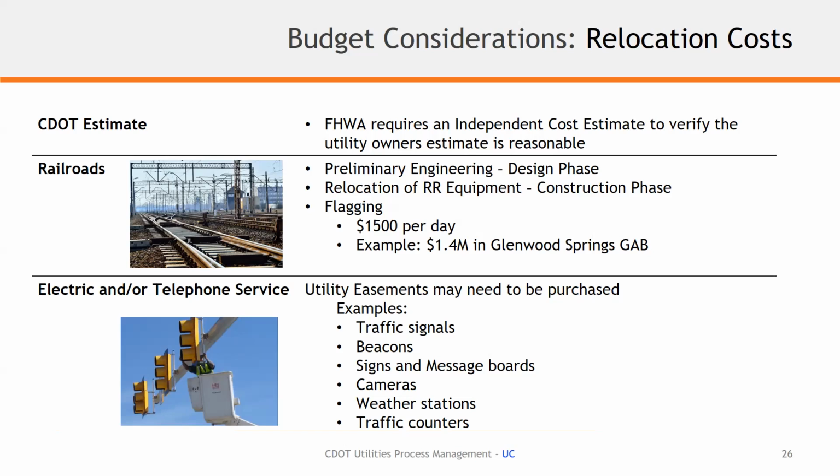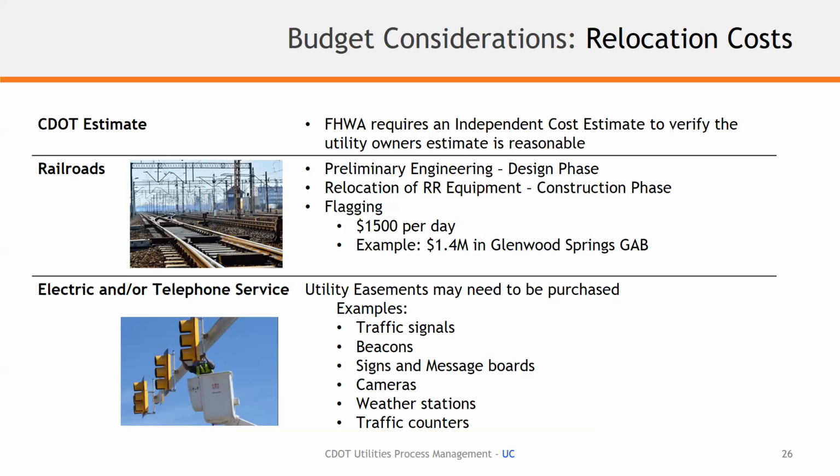We had our Grand Avenue Bridge project in Glenwood Springs a few years back. Flagging is at $1,500 a day. So yeah, we had about a $1.4 million budget in our back pocket for flagging. So it gets quite expensive on a budget level request. So just keep that in mind when you look at flagging days.